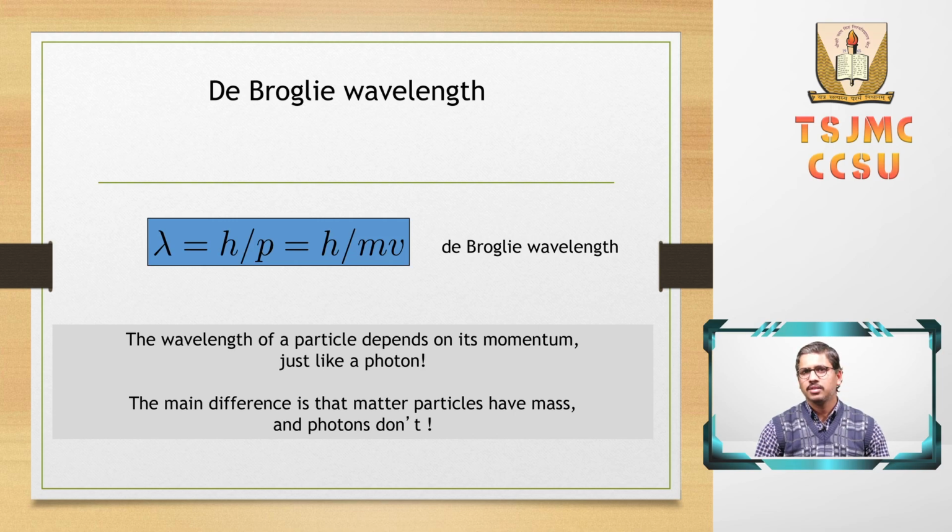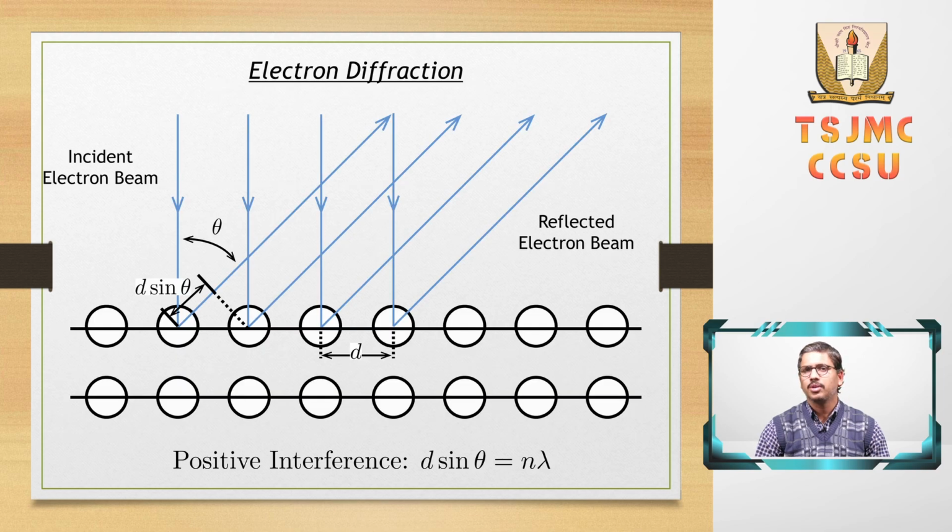In that instrument we increase the kinetic energy, or momentum, of an electron and reduce lambda, and as we reduce lambda, we can probe microscopic or subatomic particles. So this is a very good relation. The wavelength of a particle depends on its momentum just like a photon, and the main difference is that a photon doesn't have mass, while a matter particle has some mass.